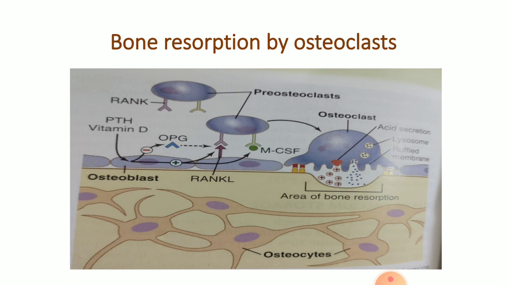which attaches to the specific receptor RANK, receptor activator of nuclear factor kappa B. RANK ligand is the ligand and its receptor is called RANK, which is present over the pro-osteoclasts. Now when the pro-osteoclast is bound to RANK ligand through its specific receptor RANK, there occurs proliferation and differentiation of pro-osteoclast into activated osteoclast.